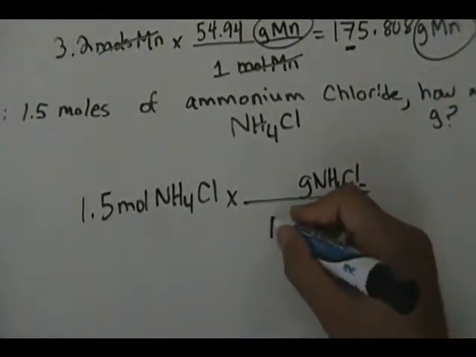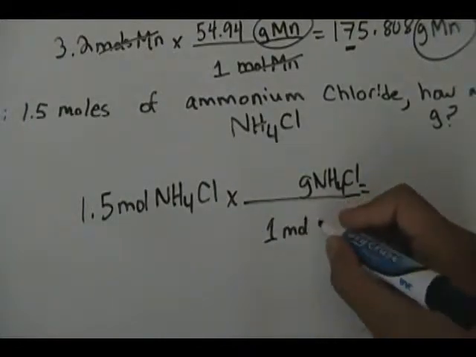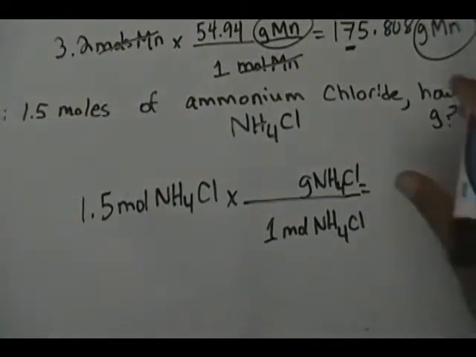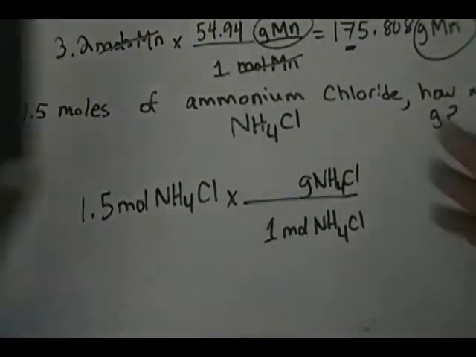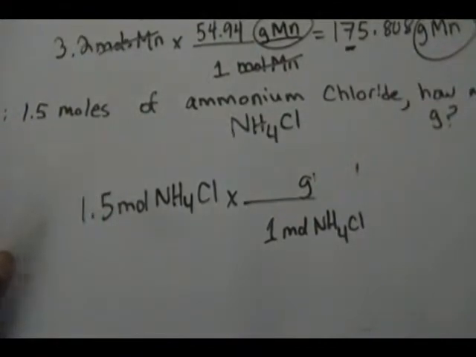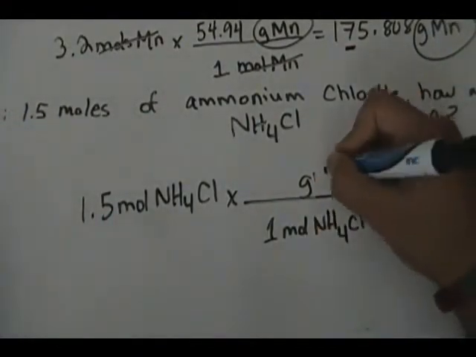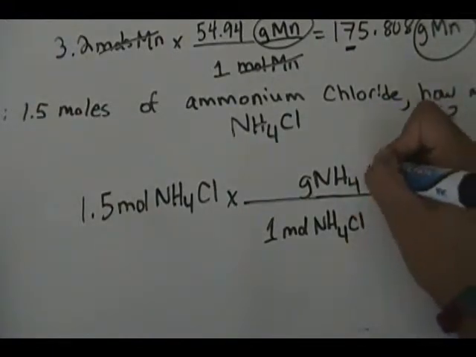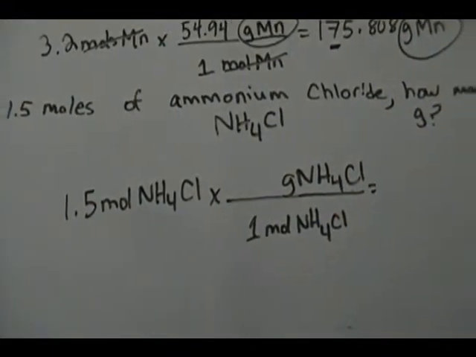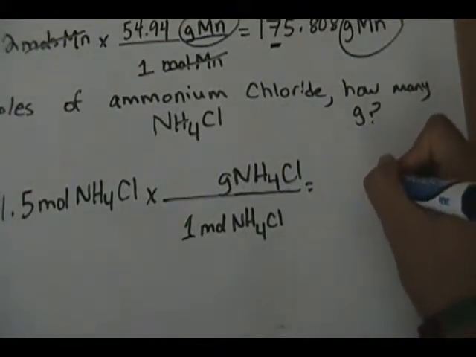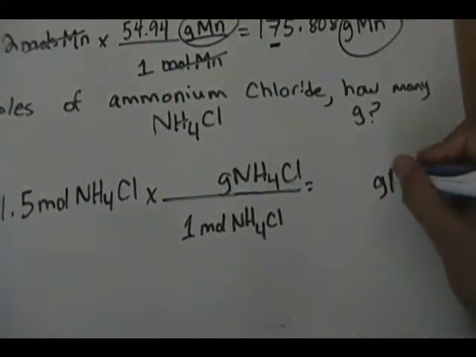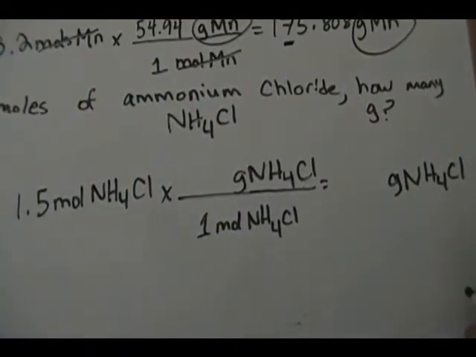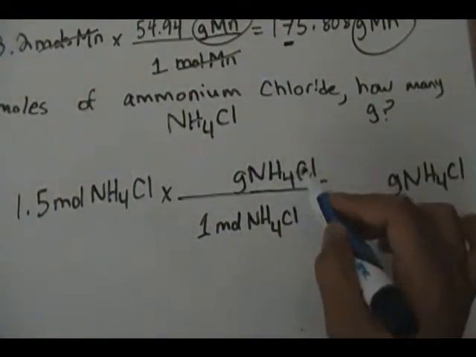Then we're going to have 1 mole of NH4Cl on the bottom, right? Let me just make this a little bit more readable. NH4Cl, and then we're going to get our answer, grams of NH4Cl.